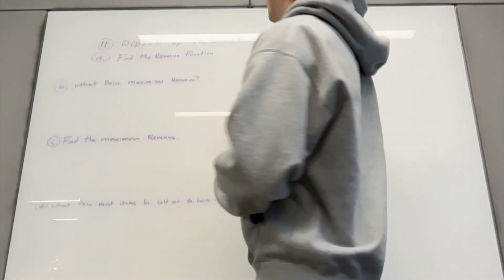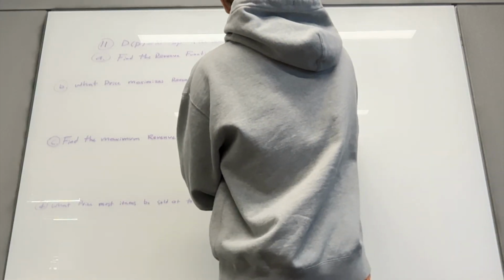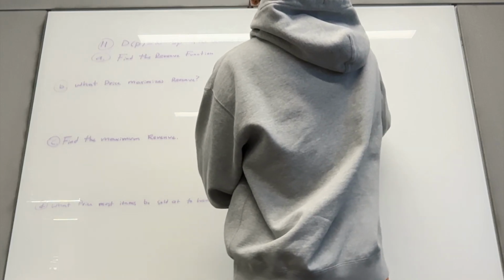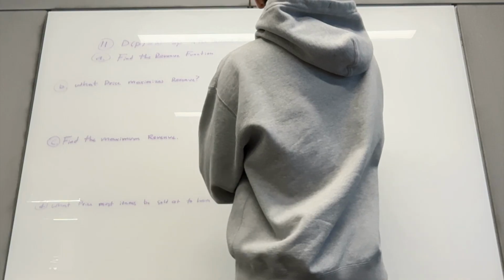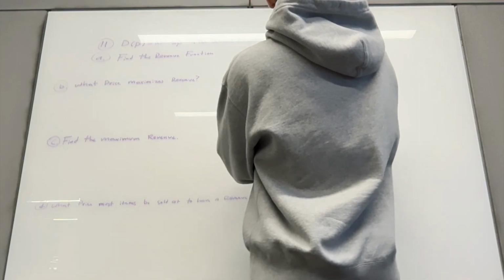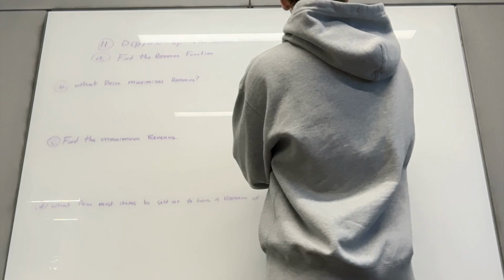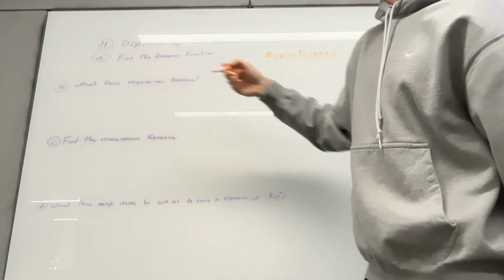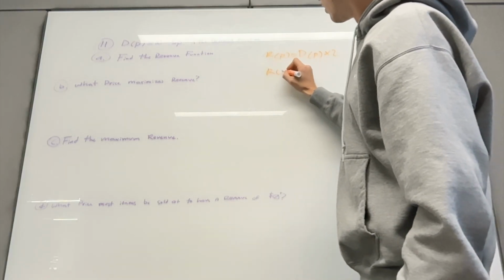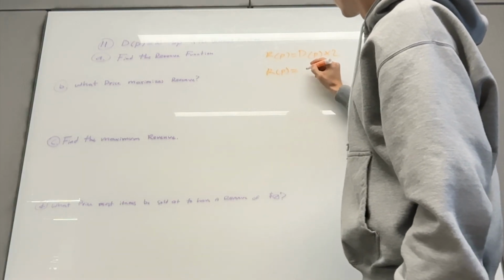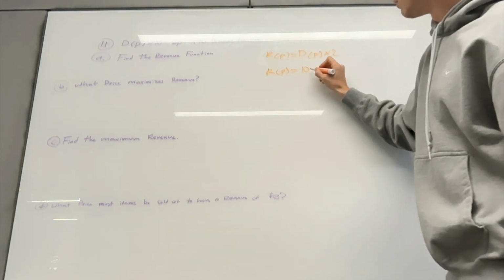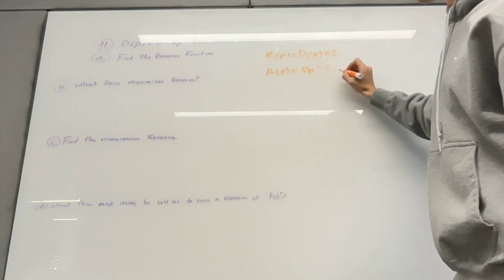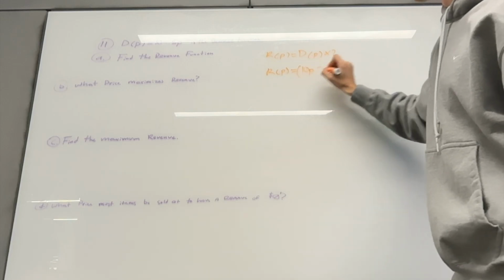To fix this, we'll plug it into the revenue function, which is R of P equals D of P times P. And once we get that, we will plug it in with our numbers, which is R of P equals 10, and then we add the P after each. 10P minus 0.5P squared.